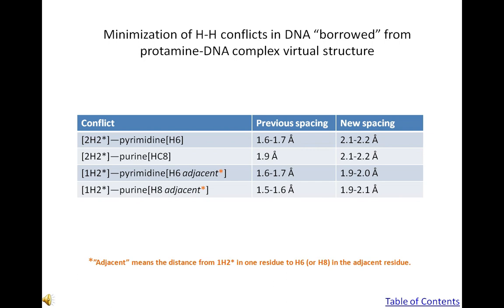While that is still a short distance, the preferred hydrogen-to-hydrogen distance being closer to 2.4 angstroms, it nevertheless represents a significant improvement since the van der Waals repulsions between the atoms increase exponentially as the distance decreases.